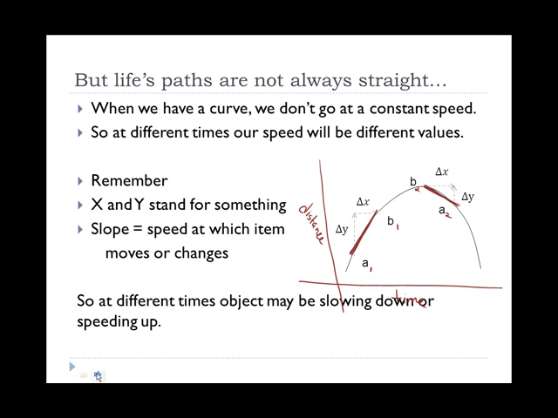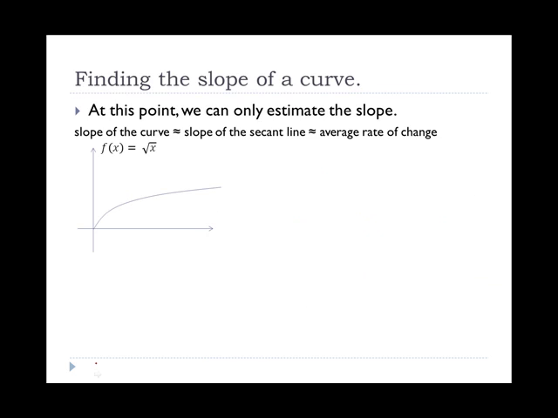Now, how are we going to find the slope of the curve? Well, you might already have an idea here that we can do a pretty good job at estimating the slope of the curve. And when we estimate the slope, we are actually finding the slope of a line. We know how to find the slope of a line. We just need 2 points.